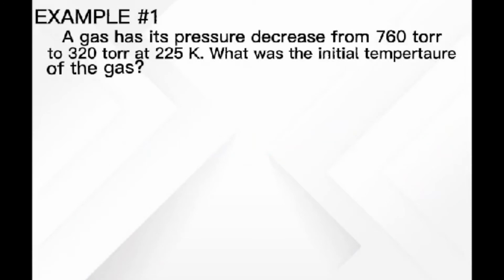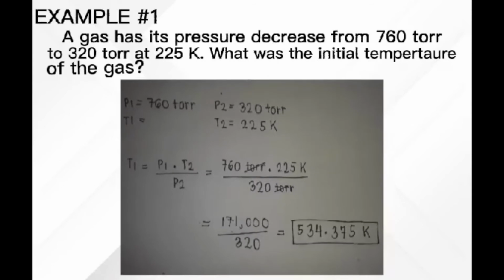A gas has its pressure decreased from 762 to 322 at 225 Kelvin. What was the initial temperature of the gas? To find the initial temperature, the formula we use is T1 is equal to P1 times T2 over P2. So our P1 is equal to 762 multiplied by T2, which is 225 Kelvin, over P2, which is 322.